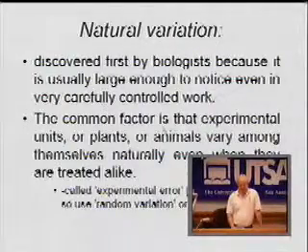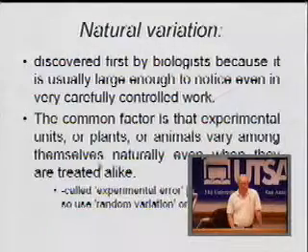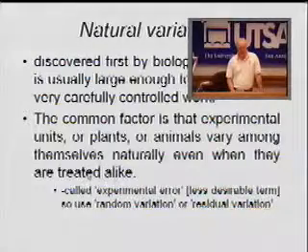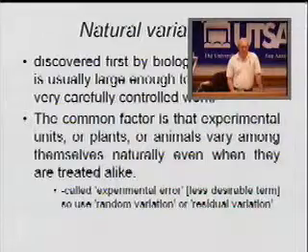So the common factor is that experimental units, plants or animals, vary among themselves, obviously naturally, even when they are treated as exactly alike as possible. And of course it does differ on different levels.